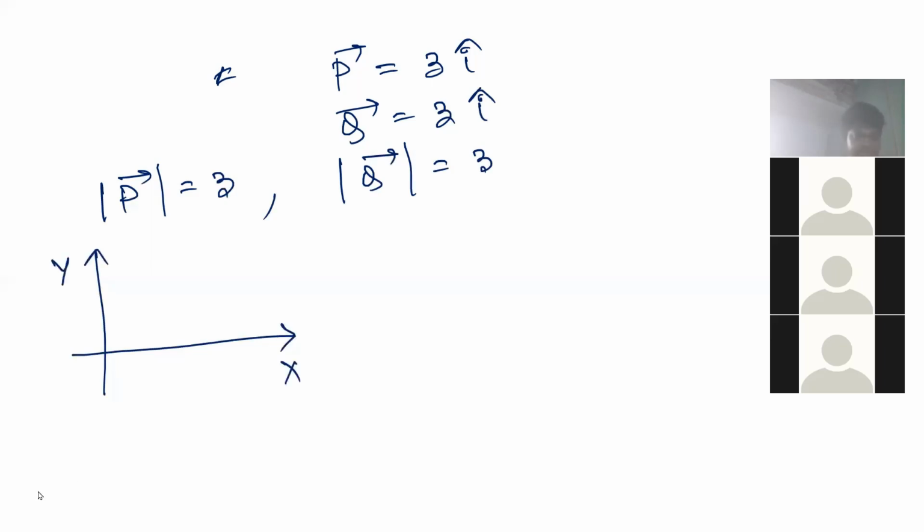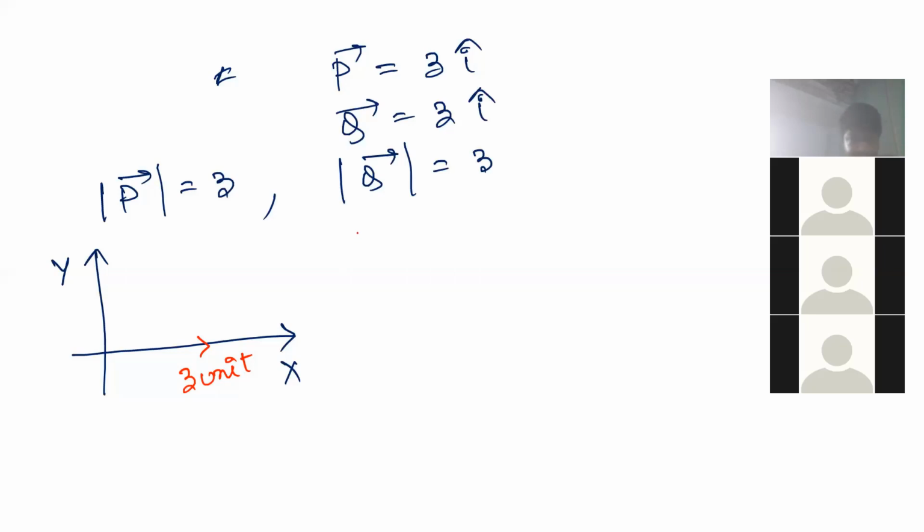So we can say that p vector is working along the x-axis and has a component of 3 units along the x-axis. For q vector also, the magnitude along the x-axis is same. So they both have equal magnitude and the same direction, because both vectors are working along the x-axis only.